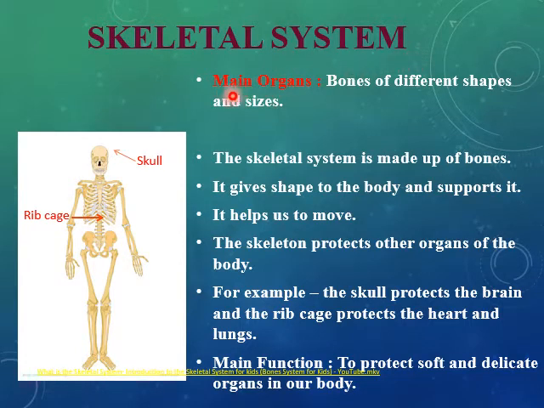The main organs that form our skeletal system are bones of different shapes and sizes. See children, you all know there are 206 bones in our body. These bones together form a complete framework. You can see in the diagram here, this is the complete framework of bones.